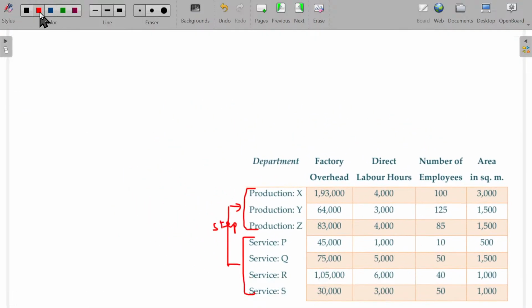As per the primary distribution, X, Y, Z, P, Q, R, S. Then the overhead here, as per the primary distribution: 193, 64, 83, 45, 75, 105, 30 in thousands.